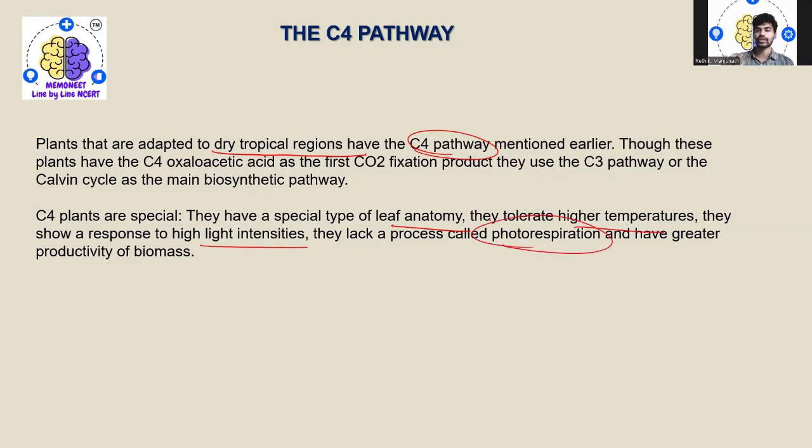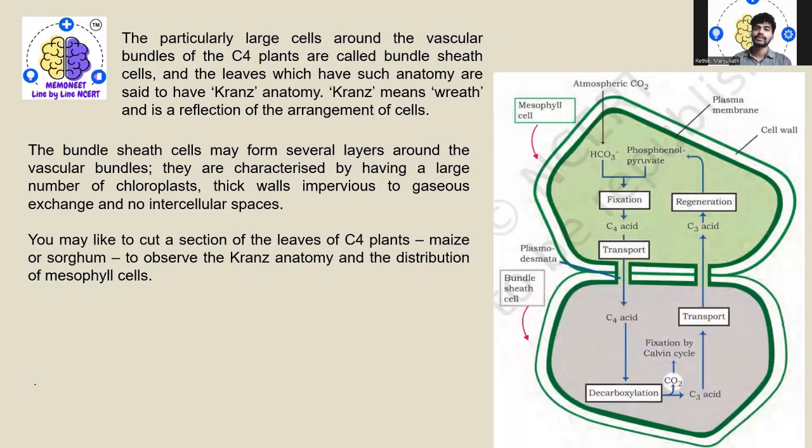What do you mean by photorespiration? That means they lose an excess amount of water. So in these plants, you are going to see the absence of this process and greater productivity of biomass. So yeah, this is the C4 pathway here.